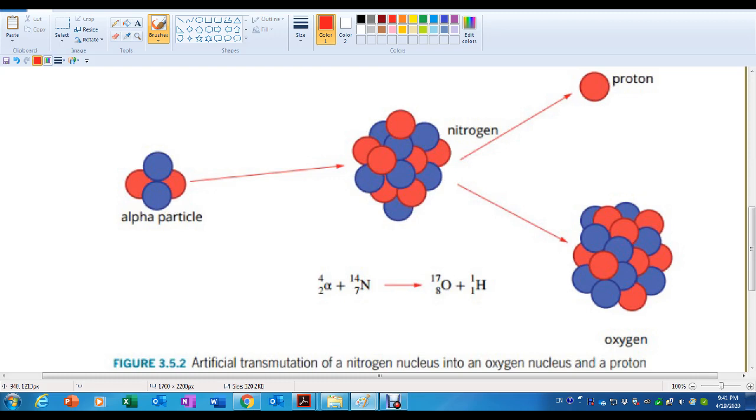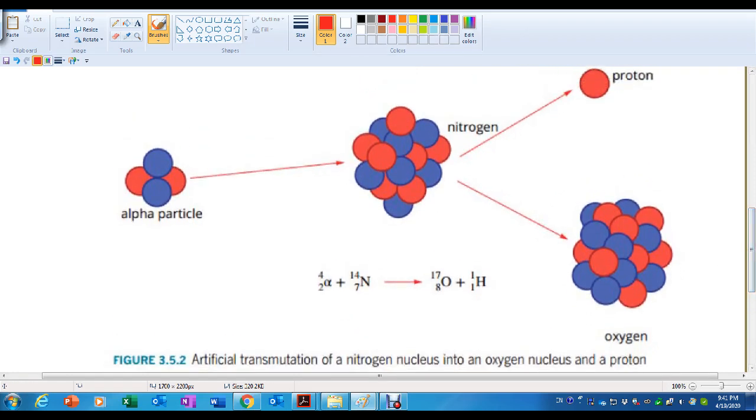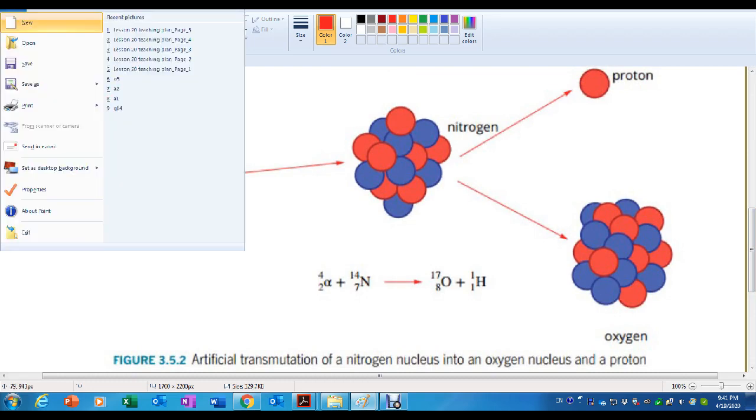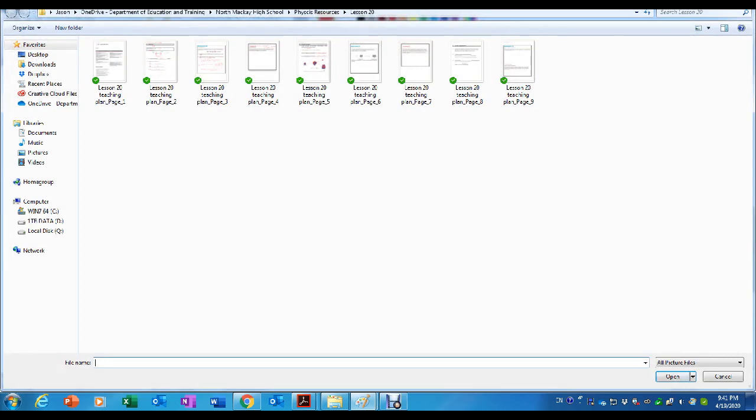So without very high energy, these two cannot collide with each other. So this process must be artificial. All right, so you need to know the difference between the artificial and the natural one.